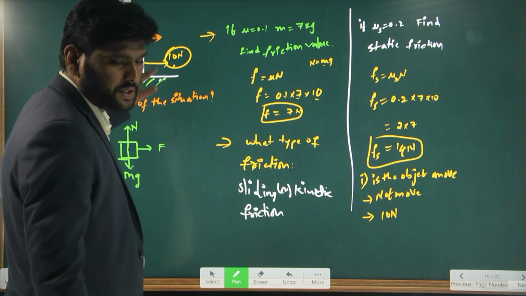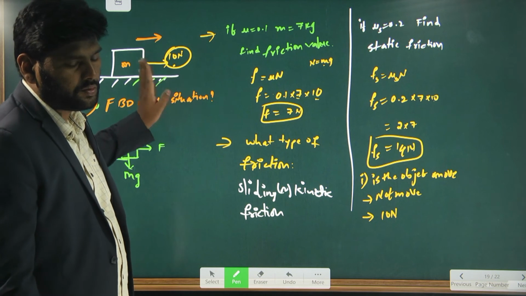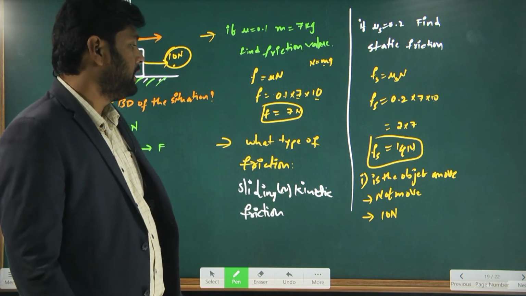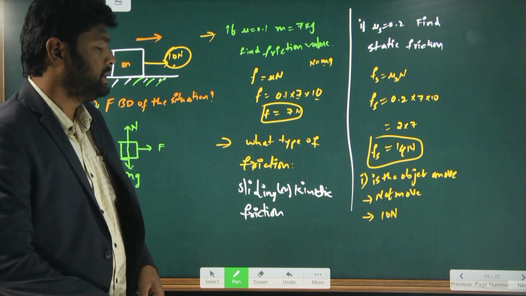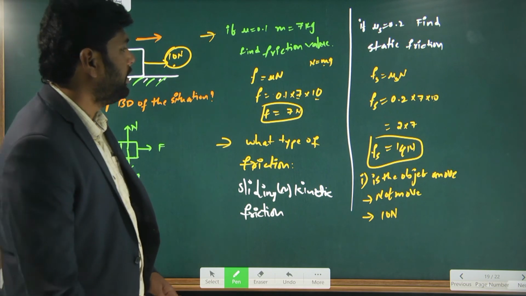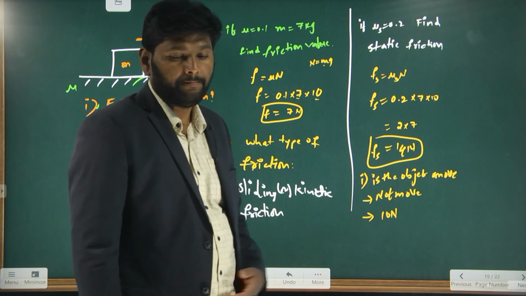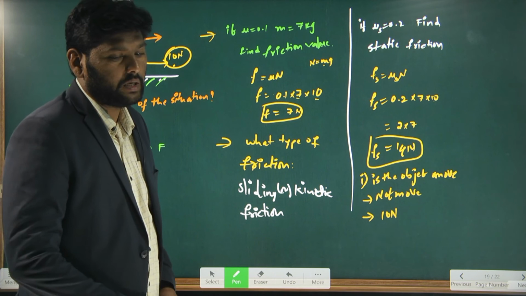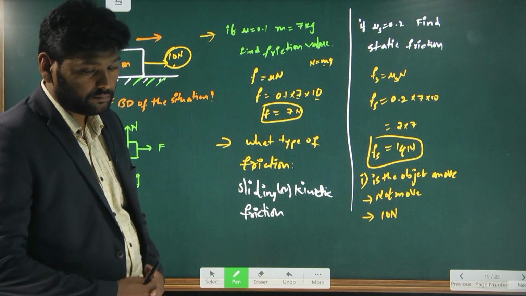So in opposite directions, 10 Newton and 10 Newton are acting, so the net force is 0. So the value of the friction force is 10 Newton. If you apply more than 14, the object will slide. Otherwise, the object will not slide.